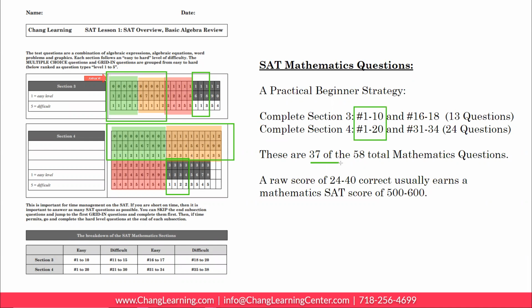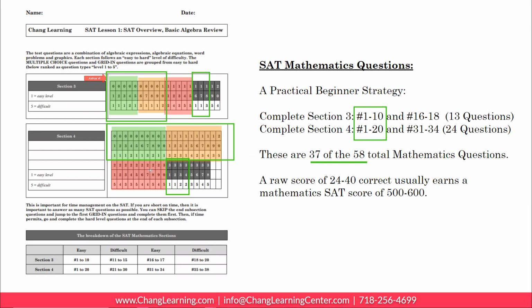So then you've answered 37 of the 58 questions. However, these 37 questions are usually much easier than the red block questions, which often take the average student 3 to 5 minutes per question. But if you can get all 37 of those questions, you already have an SAT score above 500.